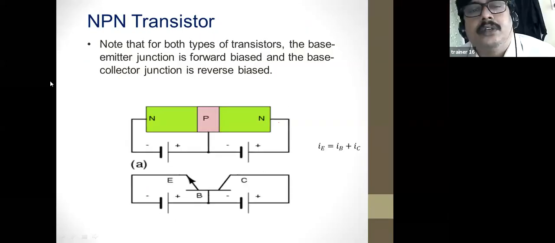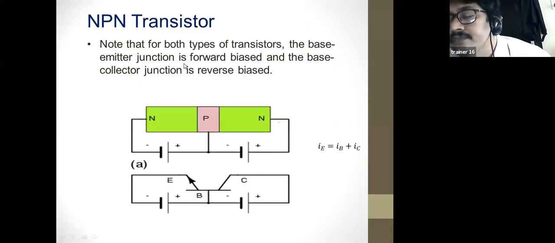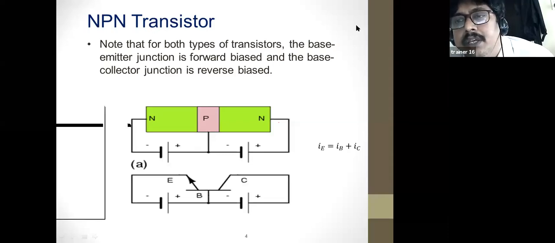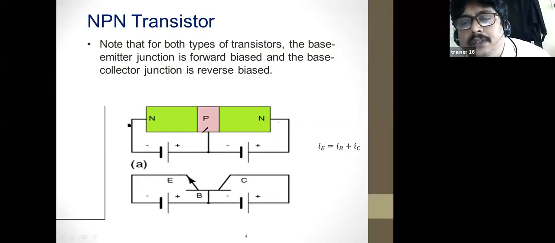Right, then here if you go for the NPN transistor, now we will discuss the NPN transistor clearly. Here in the NPN transistor, the P is in the middle, and the p-type semiconductor is sandwiched between the opposite type, that is n-type semiconductor.